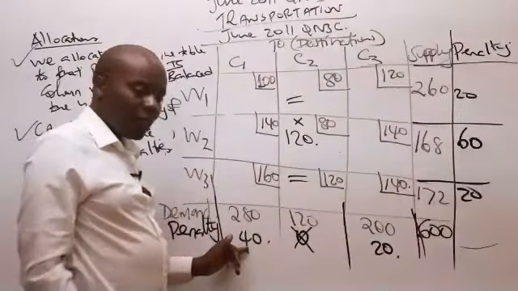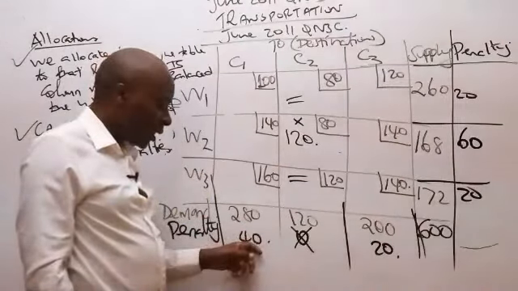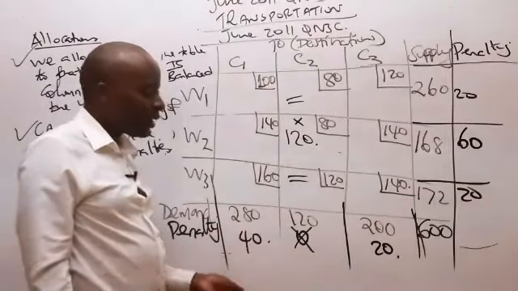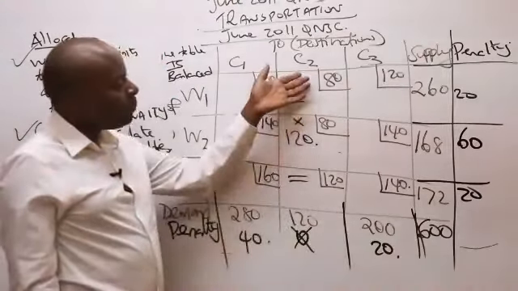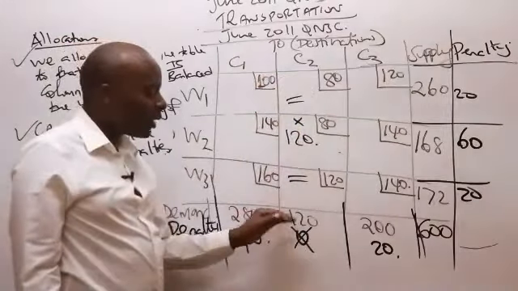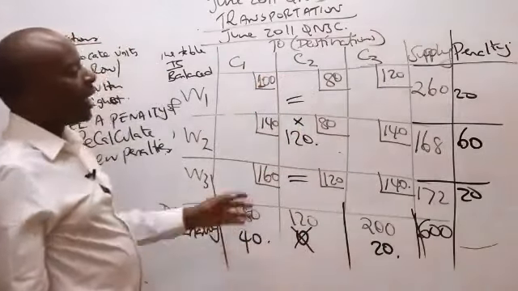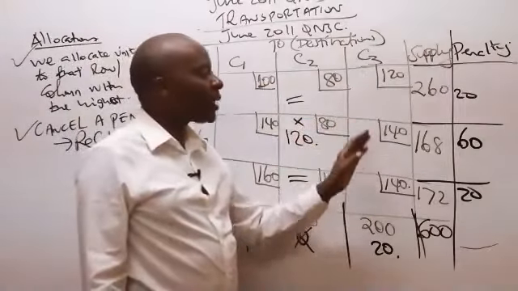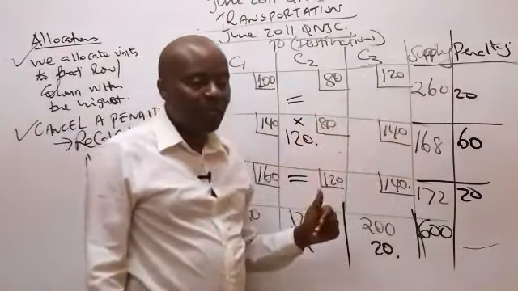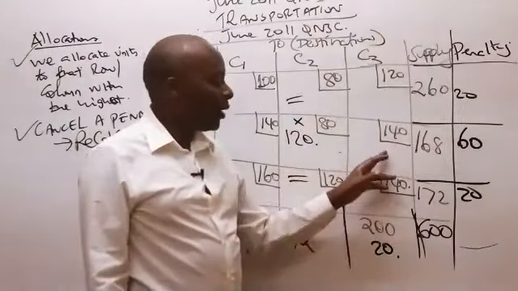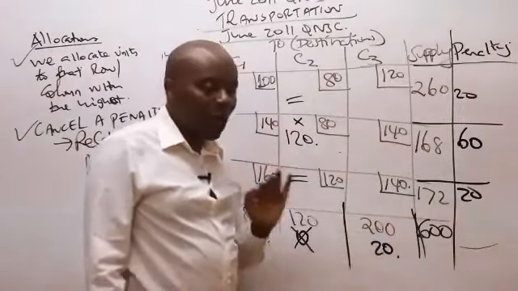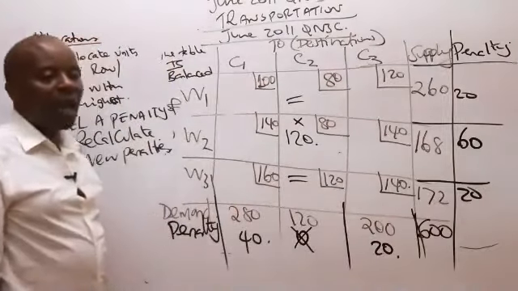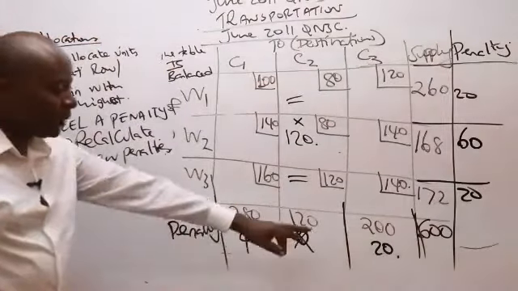There is no good reason for me to delete this and write 40 again, so I just leave it like that. The second column penalty, I'll not look for because already the column is cancelled. Come to the third column, the very best being 120. So 120 versus 140 still gives me 20. So I'll not recalculate this one, and I'll not change that figure.